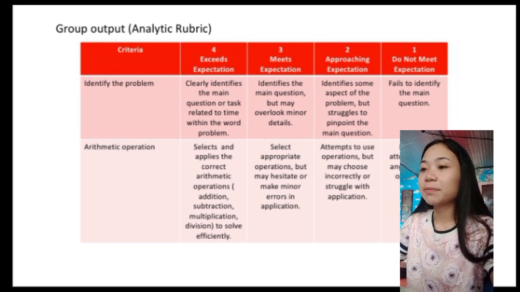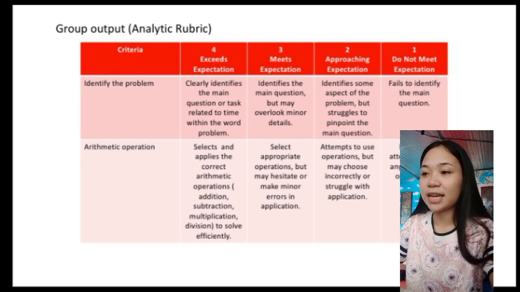In arithmetic operations, the student will get 4, or exceeds expectations, if they select and apply the correct arithmetic operations, which are addition, subtraction, multiplication, and division, to solve efficiently.